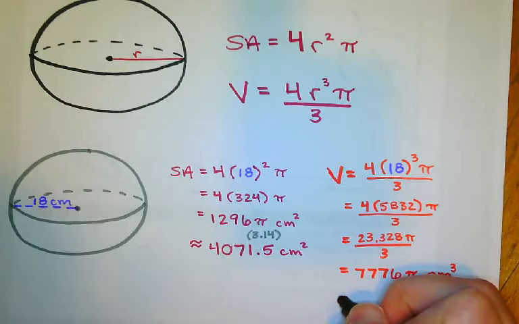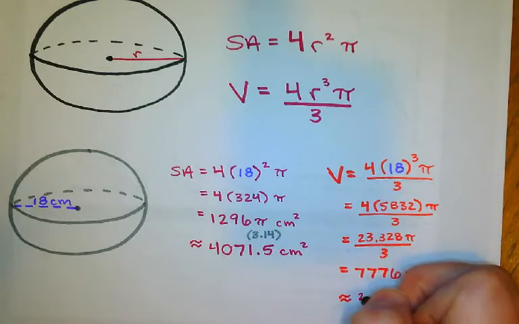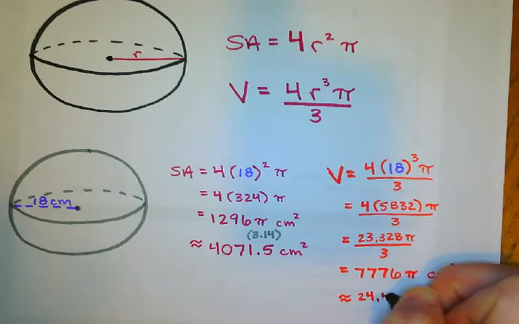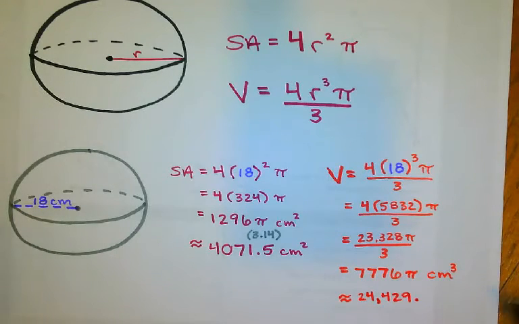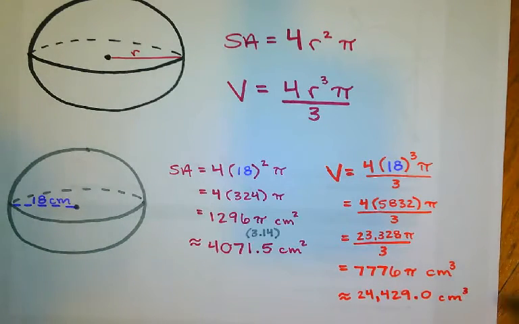And then if we approximated it, 7,776 times pi is approximately 24,429.02, so it would just be 0.0, but I still put that 0.0 to show that I approximated. This wasn't exact, and there's more decimals that come after that.